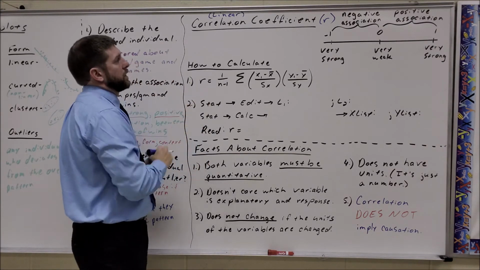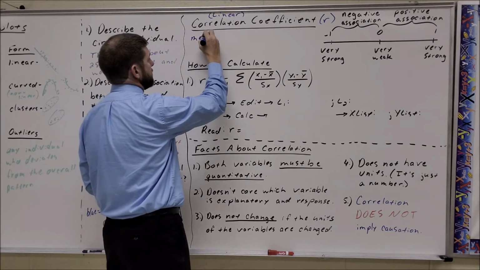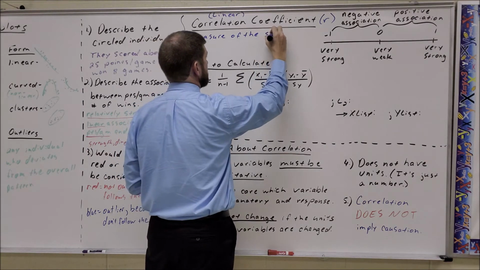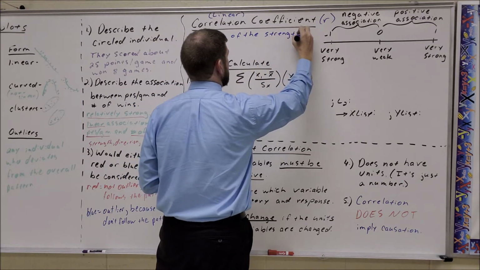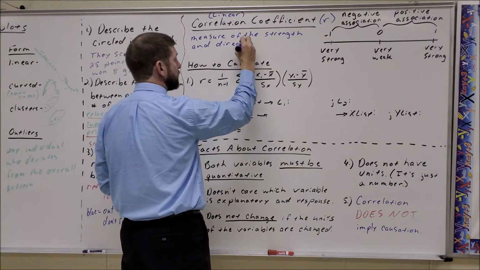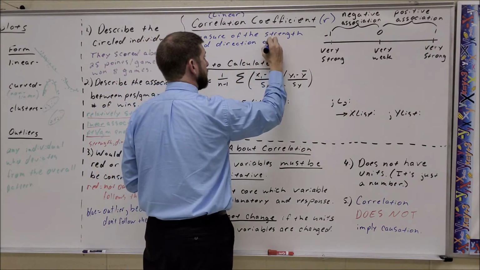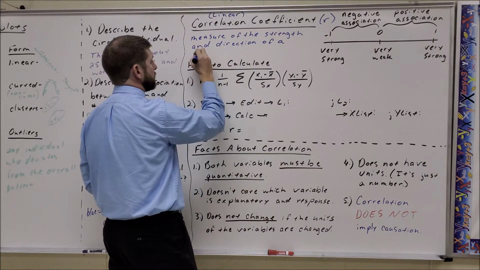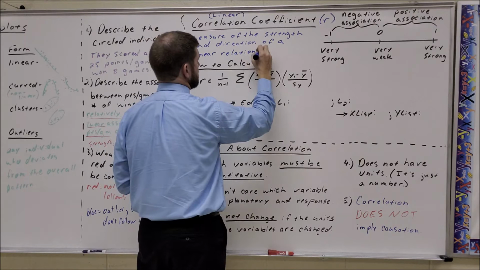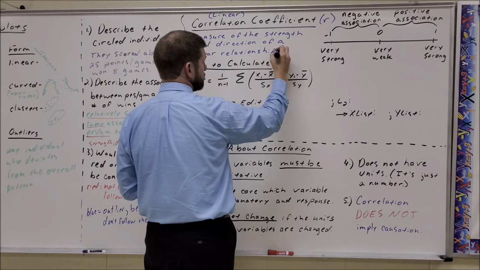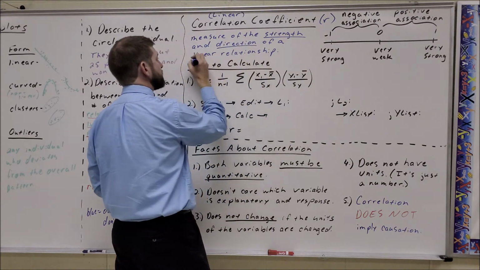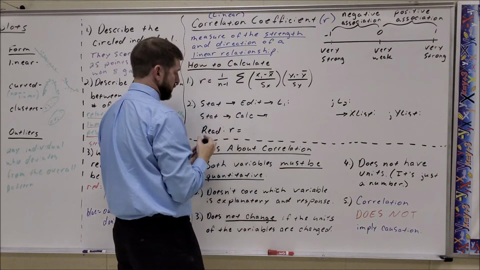So the idea behind correlation coefficient is that it's a measure of the strength and direction of a linear relationship. Strength and direction of something that we know to be linear.